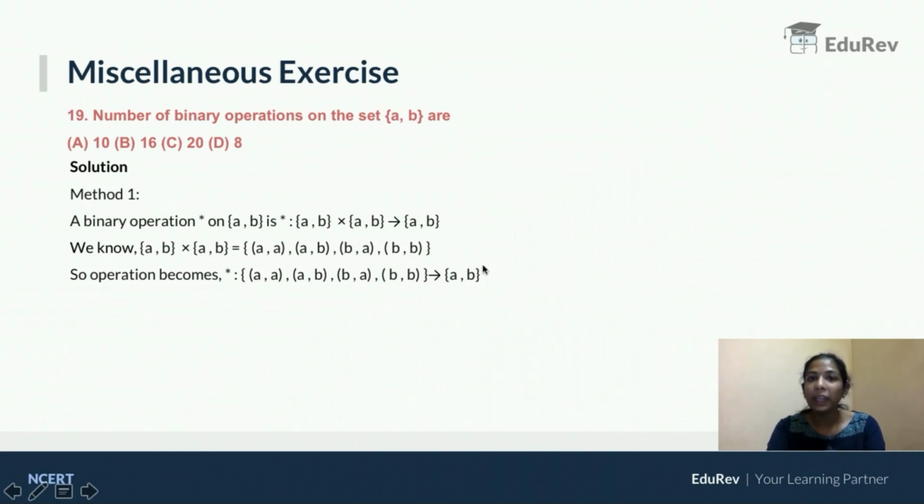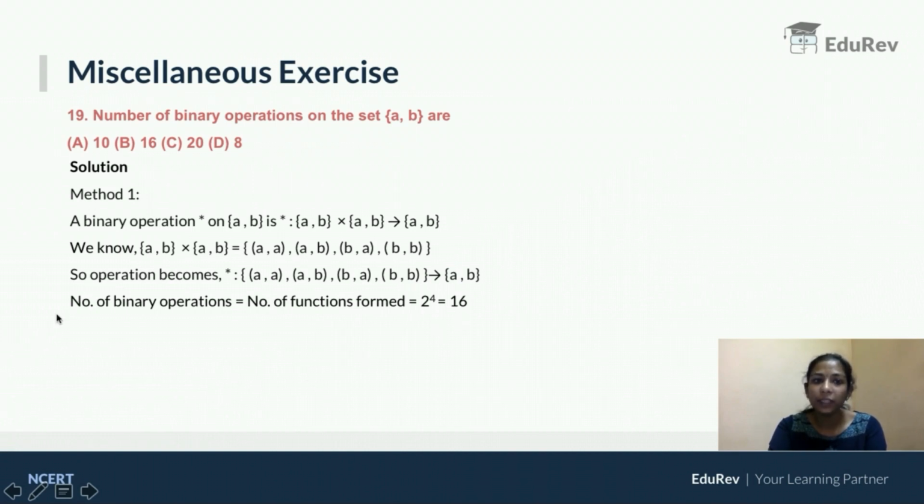Simply n of B to the power n of A. Here the number of elements in the second set is 2 and the number of elements in the first set are 4. So the number of binary operations is nothing but the number of functions, that is 2 to the power 4. Number of elements in the codomain to the number of elements in the domain. So 2 to the power 4 is 16. So the answer should be B.